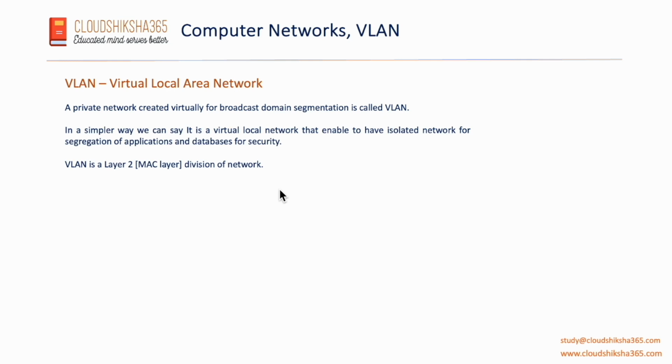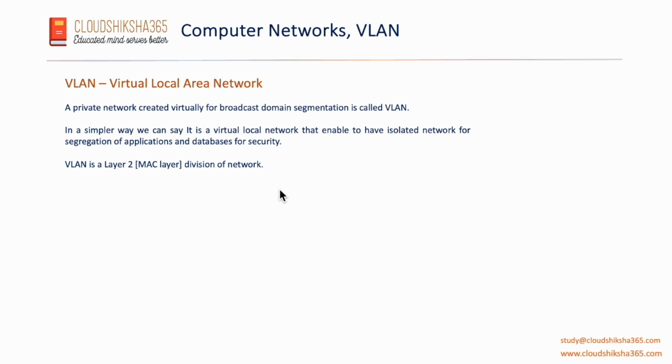The broadcast domain is a very important term, and I recommend you opt for my Udemy course, where I have demonstrated in detail about IPs, network segmentation, and also a detailed Linux administration course.